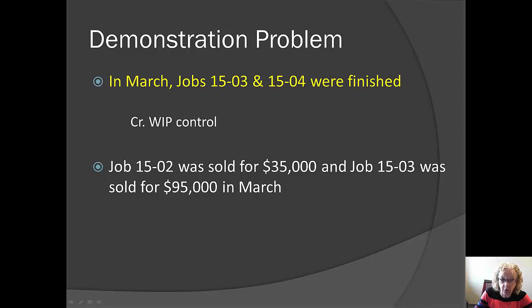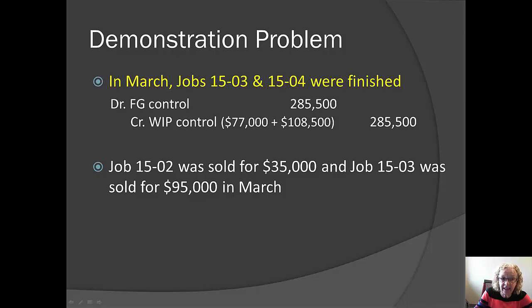We decrease our work in process control by the amount of firm resources that are in each job, which we just figured out on the previous slide. Altogether, our work in process decreases by $285,500, and we increase our finished goods control by the same amount.